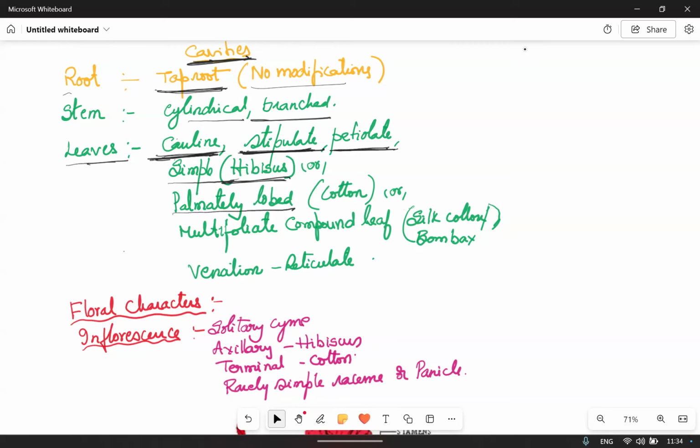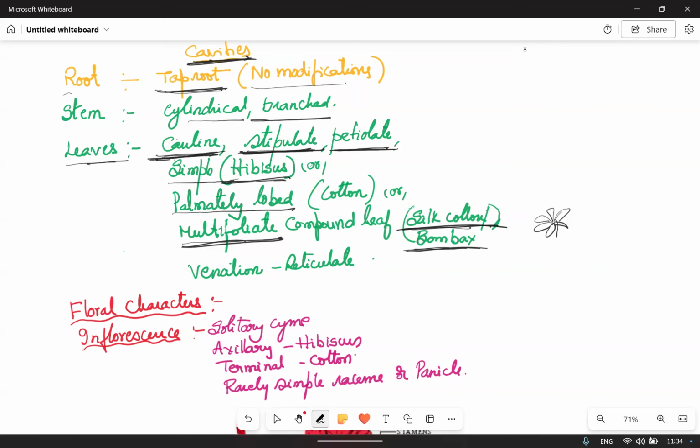And a compound leaf also we can see, multifoliate compound leaf. What is the meaning of multifoliate compound leaf? At the tip of the petiole, you can see the leaflets. Multifoliate compound leaves, in the case of silk cotton, the botanical name is Bombax. Silk cotton, example for multifoliate compound leaf.